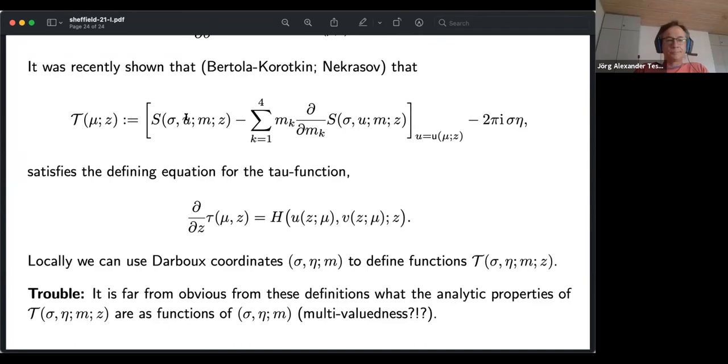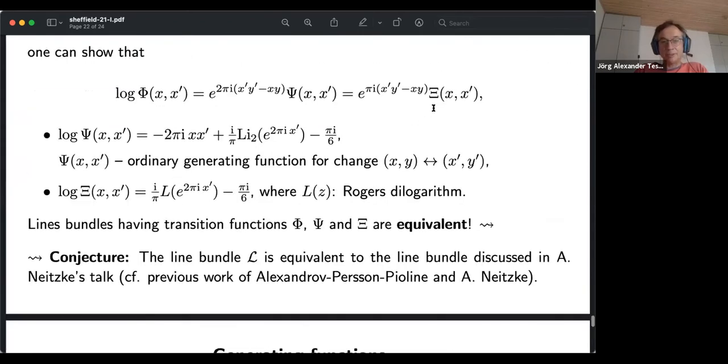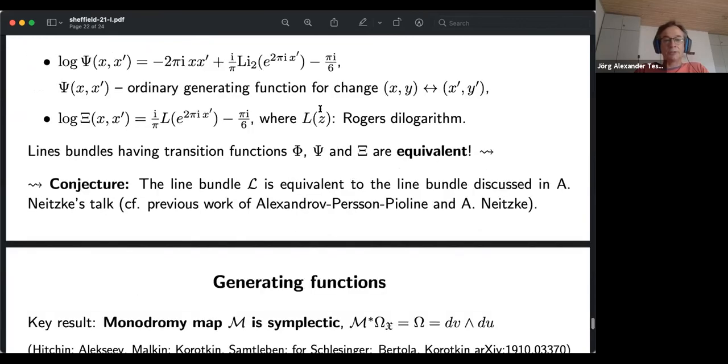Right. So there's this relation, and of course, when you change, for example, here the Darboux coordinates, then generating functions do what they do. They change by ordinary generating functions for the changes of the Darboux coordinates, say, on the character variety. So the change of the generating functions would give things like here the psi, the ordinary generating functions.